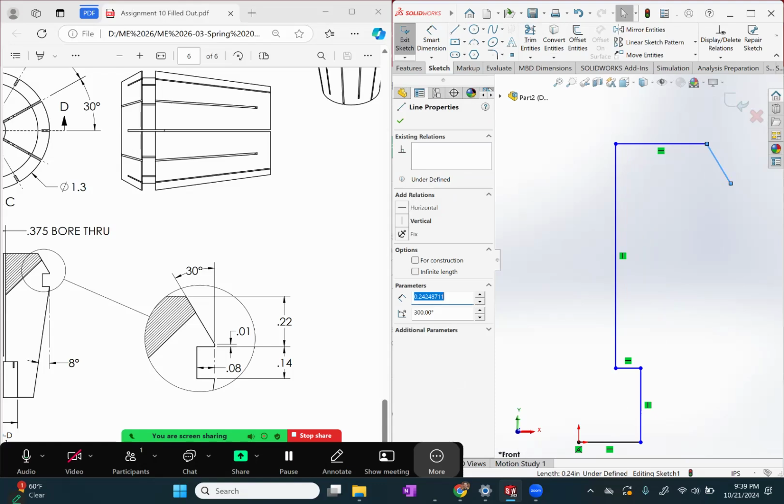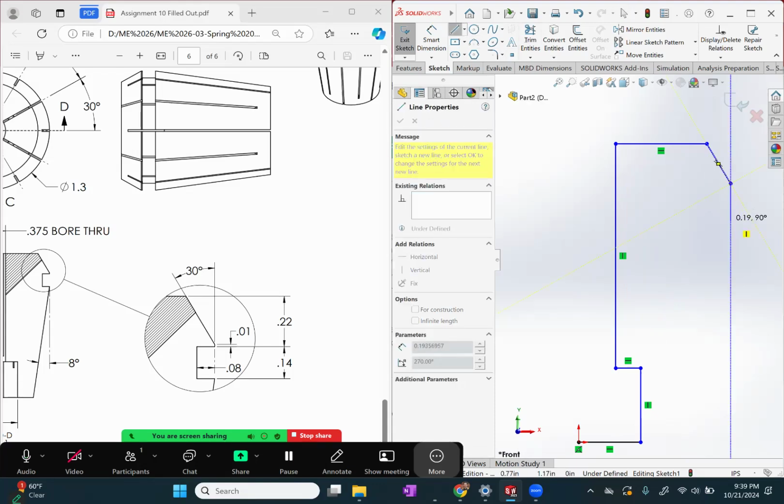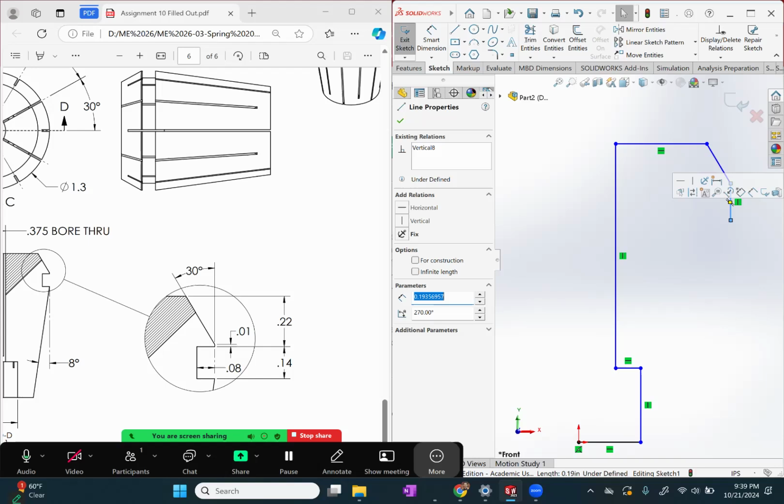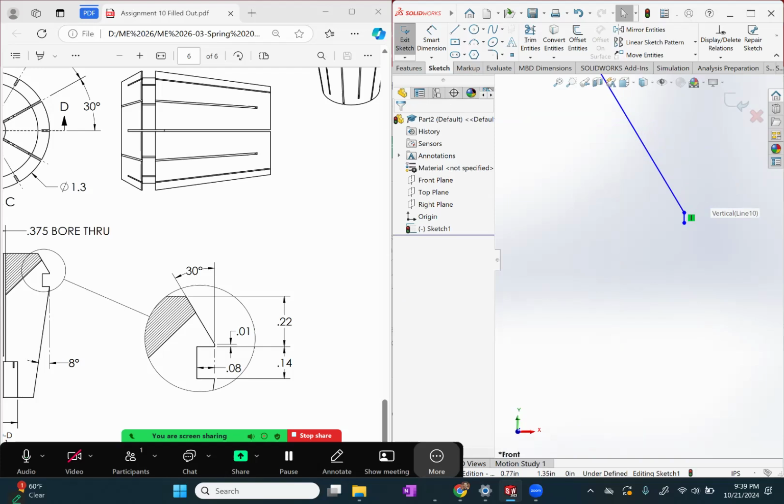It's at 300 degrees or 30 if you're looking at this angle. Now I can make my little vertical line that is 0.01. Let me double check to make sure I'm recording. Yes, I am. Okay, so 0.01.